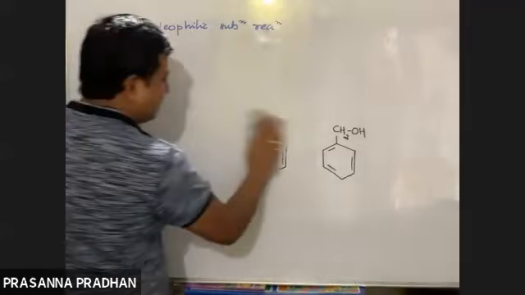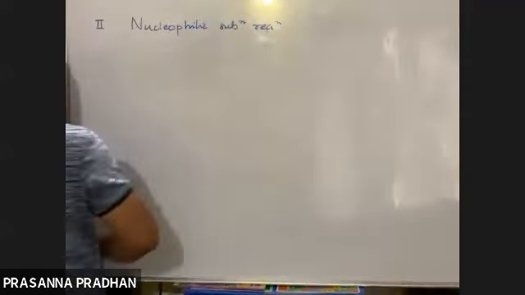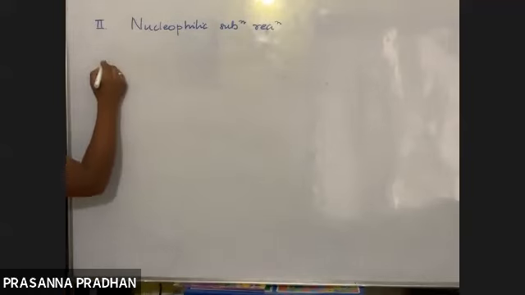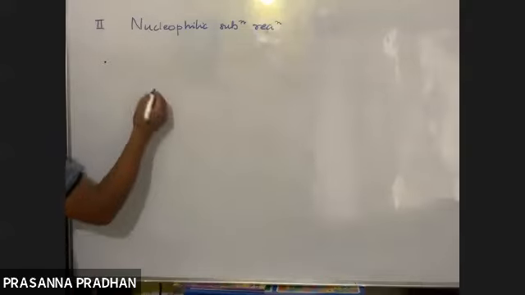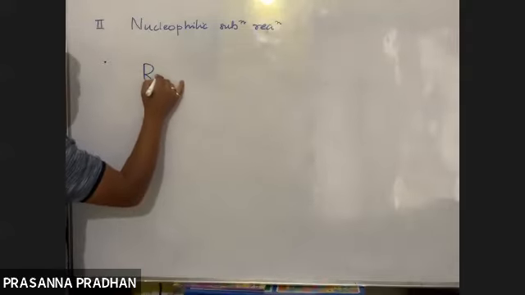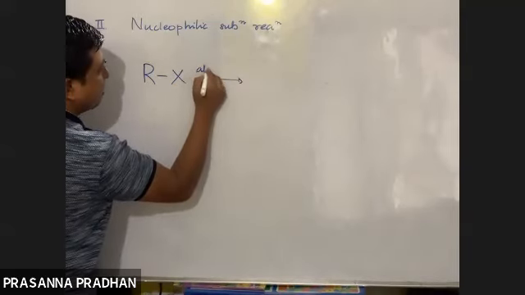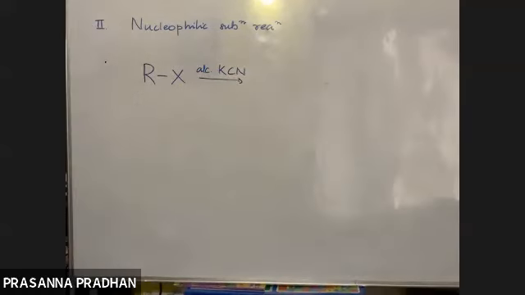Now the next reaction which we are going to discuss is a really important one. Second reaction, substitution by cyanide. What is the reaction? When alkyl halides are treated with alcoholic potassium cyanide, what will happen?